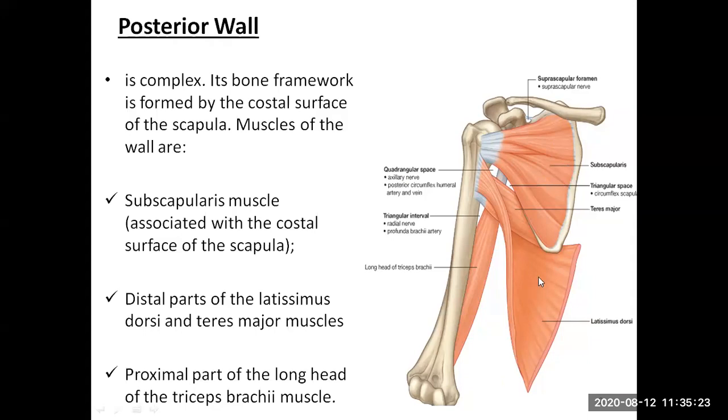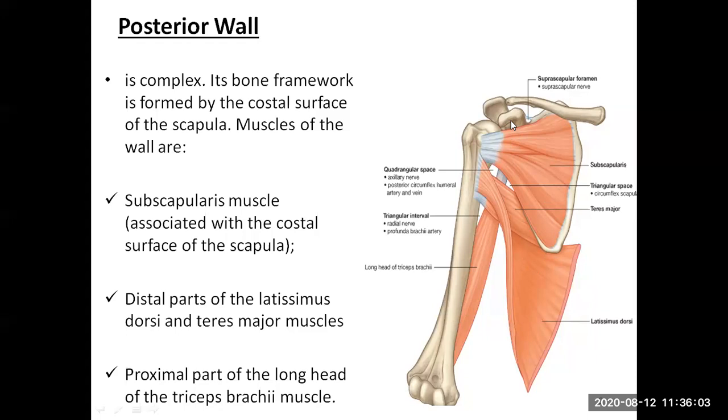And the distal part of the latissimus dorsi, the teres major muscle, and proximally the long head of triceps brachii. These muscles are present on the posterior wall of the axilla. So latissimus dorsi, teres major, subscapularis, and the long head of triceps brachii, because the long head is passing from the infraglenoid tubercle, here.